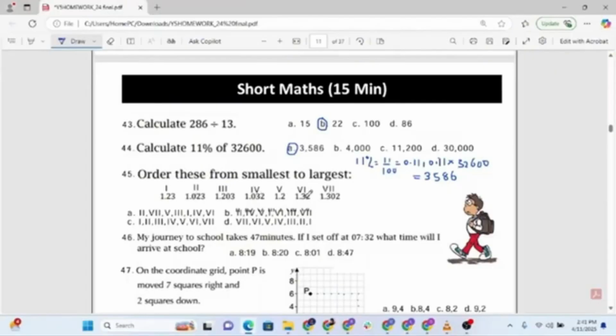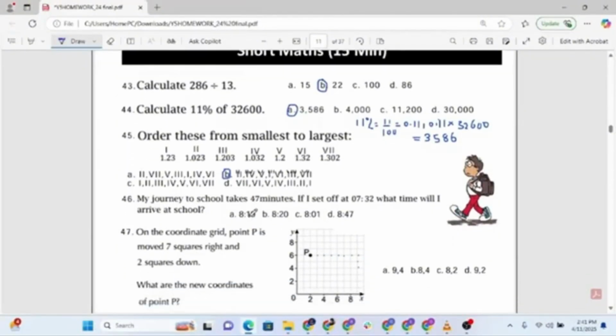The correct answer is option B, 2, 4, 3, 1, 6, 7, 5. Explanation. Let us put the decimals in order. 1.023 is the smallest, then 1.032, then 1.203, then 1.23, then 1.302, then another 1.302, then 1.32 is the largest.